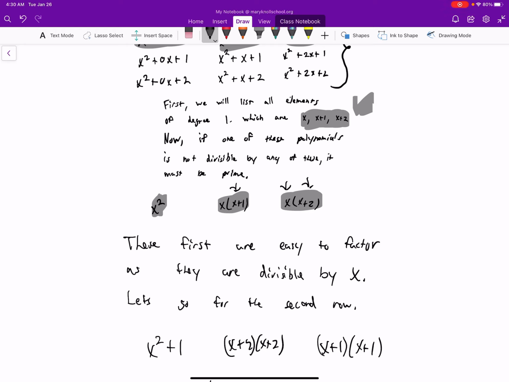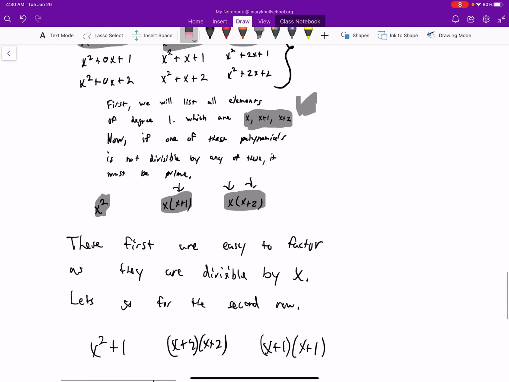So I want to factor that one. Now let's try to factor it by dividing it by all of these ones that we talked about before. These ones, x, x plus 1, x plus 2. Okay, so we know it's not divisible by x.